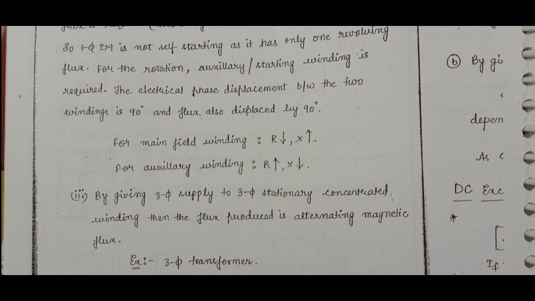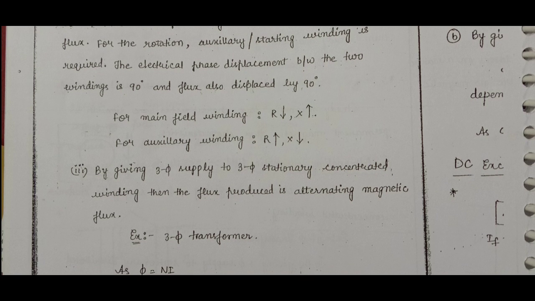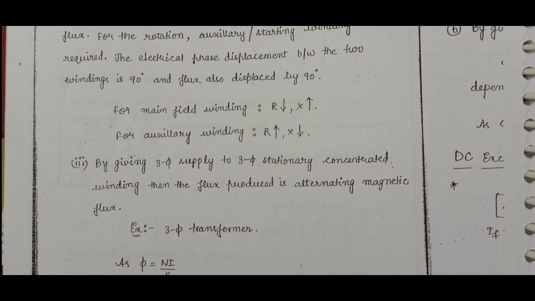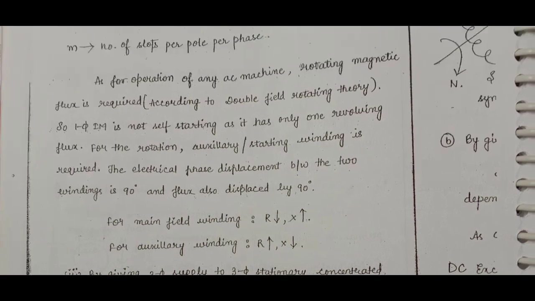An auxiliary or starting winding is required. The electrical phase displacement between the two windings is 90 degrees, and the flux of the auxiliary winding is displaced by 90 degrees from the main winding.